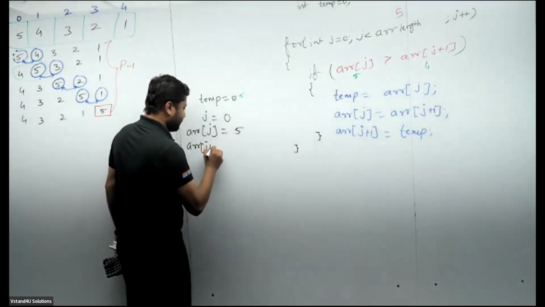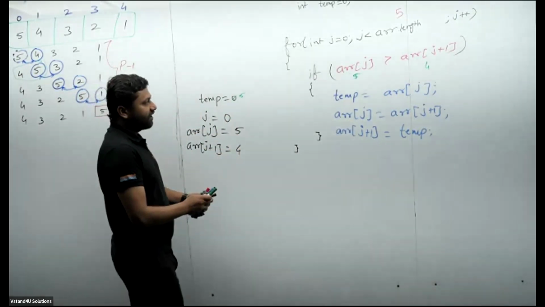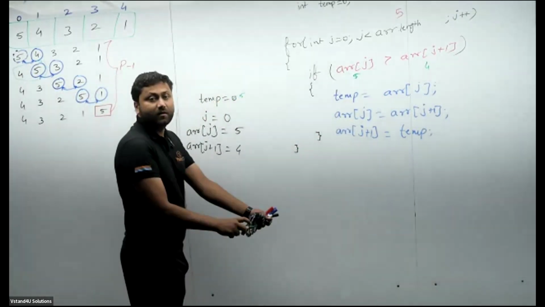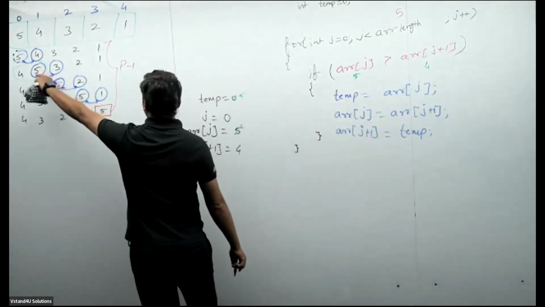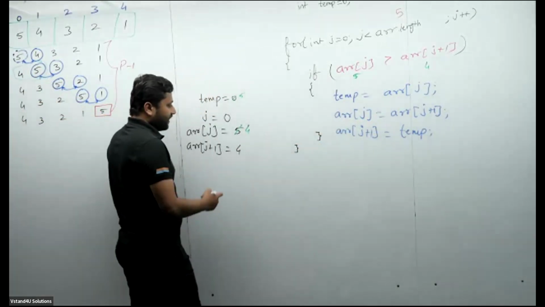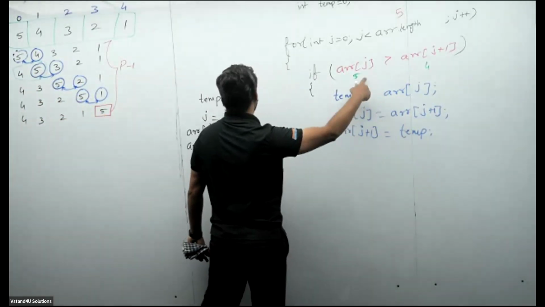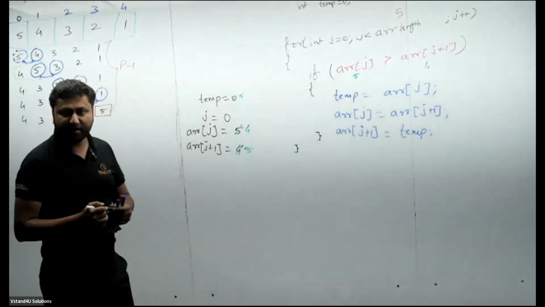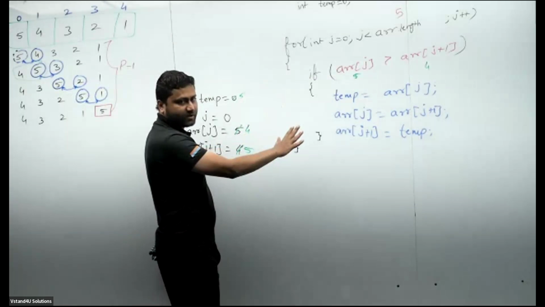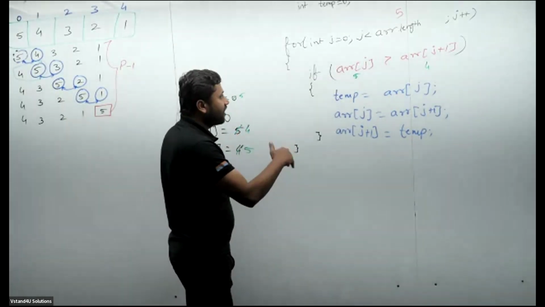ARR of J plus 1, initially it was 4. Agree? So ARR of J value should be initialized with ARR of J plus 1, that is 4. In ARR of J plus 1, I'm keeping the value of temp. Temp is 5. I keep it 5. Agree? Am I right? There is no confusion with respect to this.